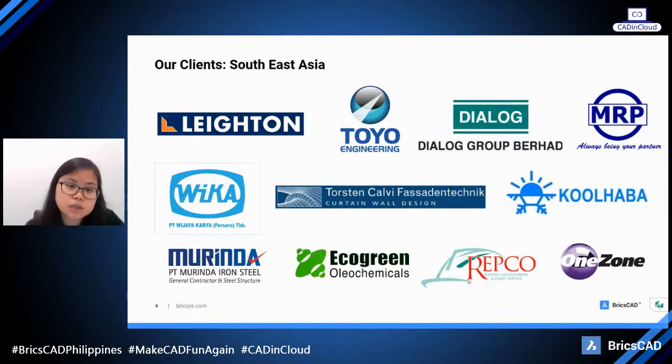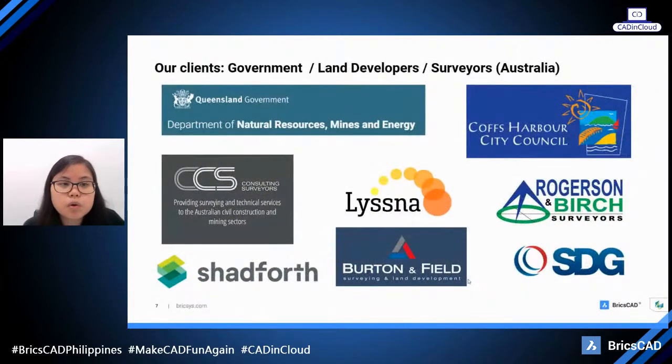They're a BIM consultancy, among other services that they provide. We have engineering. We have a curtain wall design company here, Thorsten, and just below Thorsten, you would see Eco-Green Oleochemicals. So it's really a mix. We are in manufacturing, construction, BIM, architecture, and drafting, and just a lot of uses for BricsCAD, really. We also have government clients.